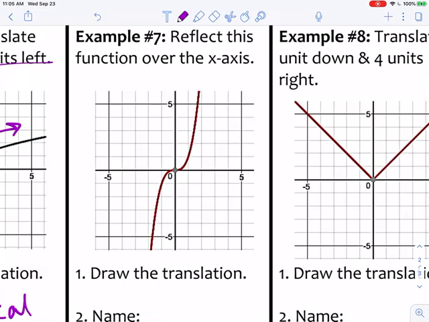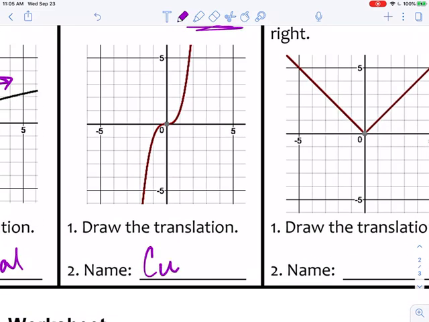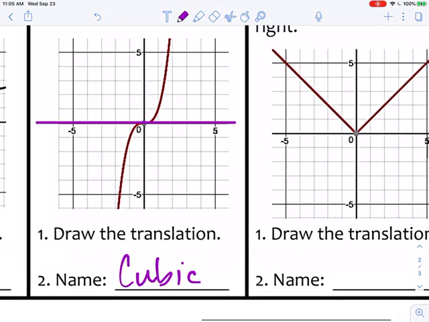On our next example, I want to reflect this over the x-axis specifically. Okay, so this is our cubic. We're going to reflect over the x-axis. That means we're flipping it over this line. So I can do that by taking a point and reflecting it across. Okay, I might take, so that's 1 unit away.